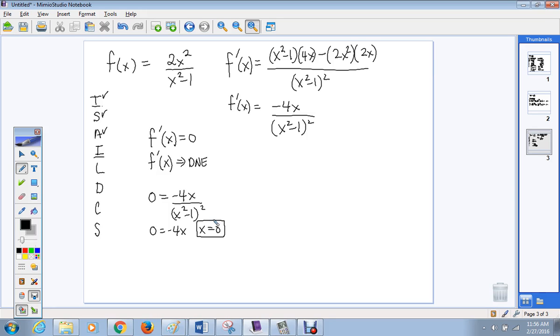Now we have to determine, does the derivative not exist for any values of x? So if we set the denominator equal to 0, that will give us any place where the derivative does not exist. That's what we're looking for here now. So if we set this equal to 0, we could square root both sides, but we'd still have 0 on the right-hand side.